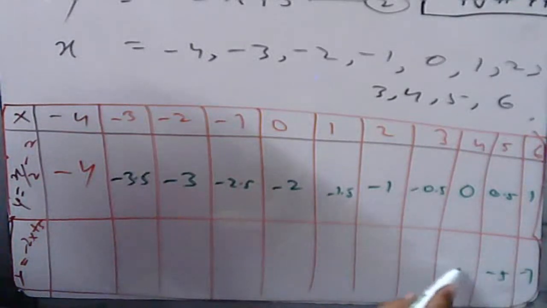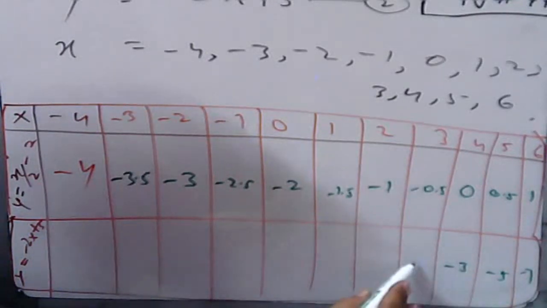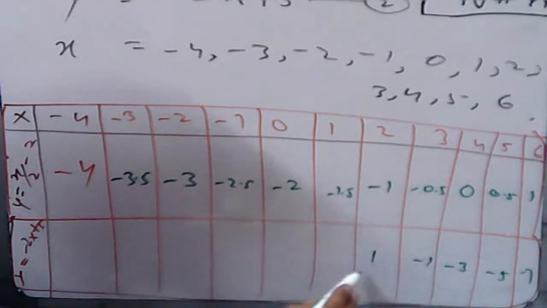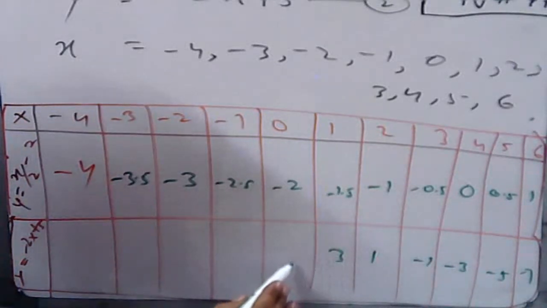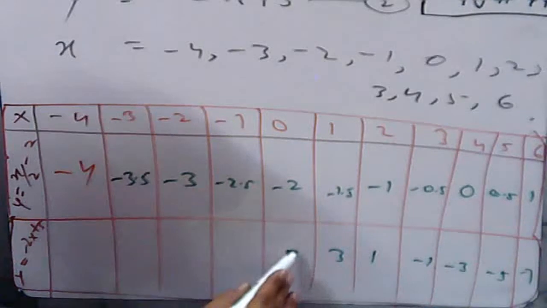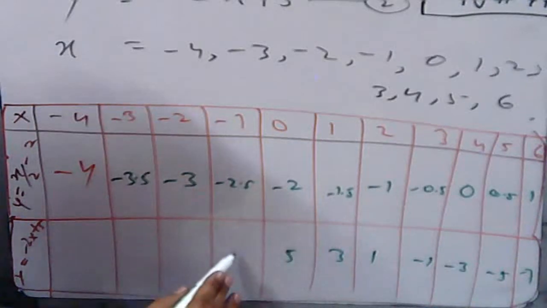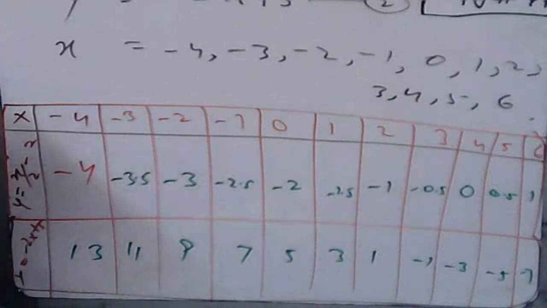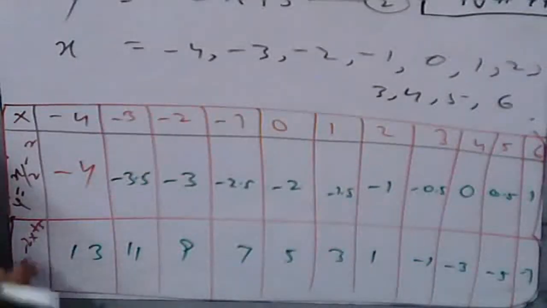For the other separate equation, minus 2x plus 5, I will get 13, 11, 9, 7, 5. So after using these two equations, I have done this table.